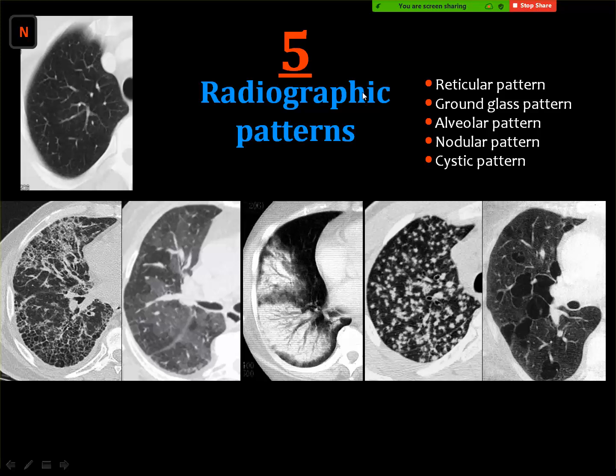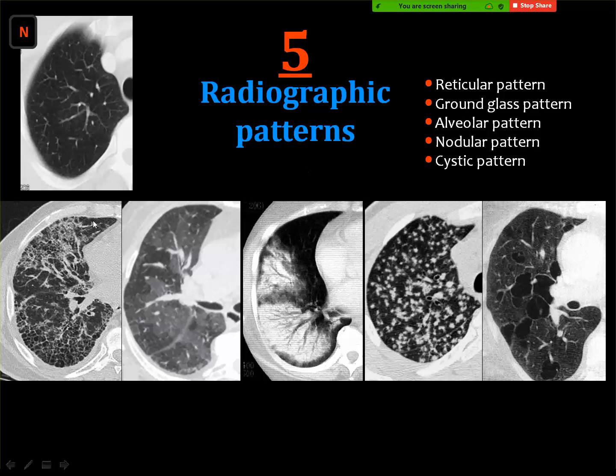You know that the lecture of diffuse lung disease contains a lot of lesions, and actually the recent change in this lecture will include the ground glass pattern. It is also included in the previous lecture.